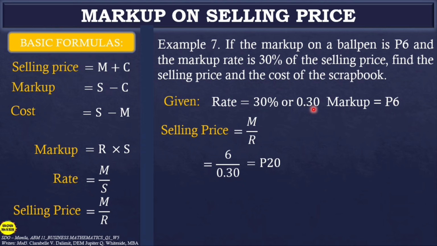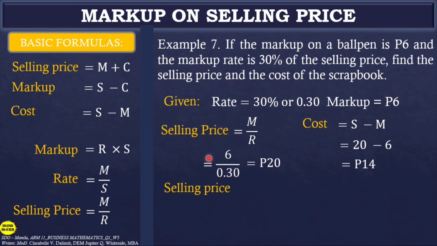So, para makuha natin yung cost, selling price minus the markup. So, 20 pesos minus the markup, which is 6 pesos. So, 20 minus 6, yung sagot natin is 14 pesos. So, kagaya kanina, kung kukunin natin yung corresponding percentage ng cost at ng markup natin based on the selling price, ang baseline natin is yung selling price.